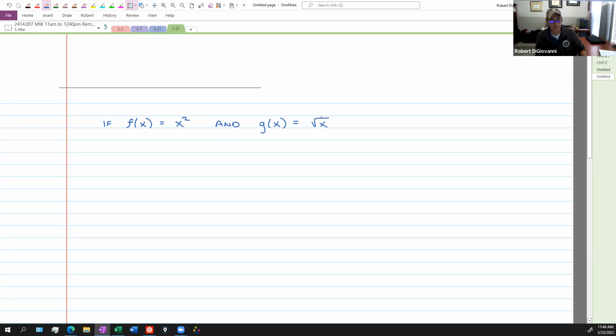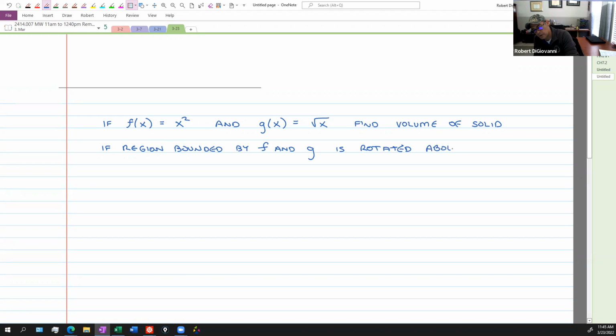Find the volume of the solid if the region bounded by F and G is rotated about: we're going to do a couple of them.